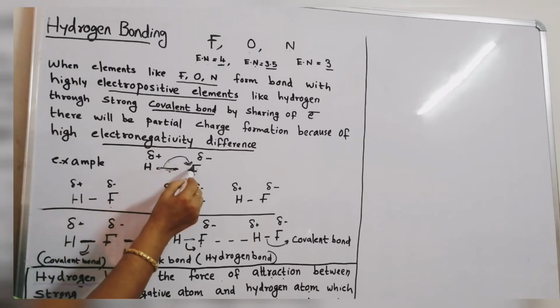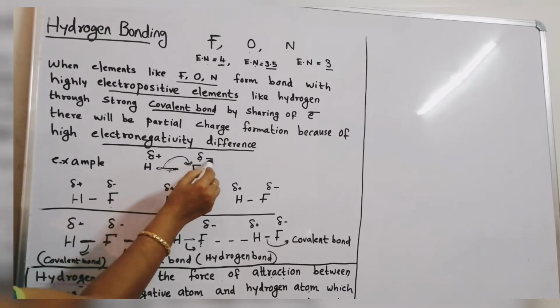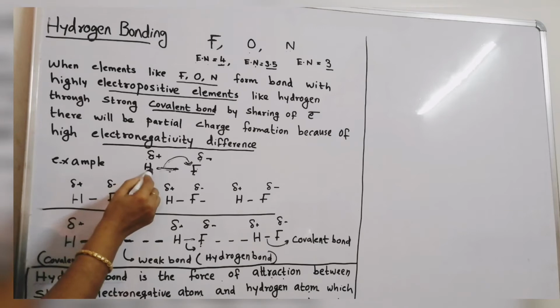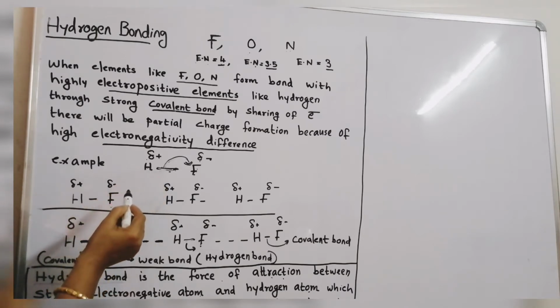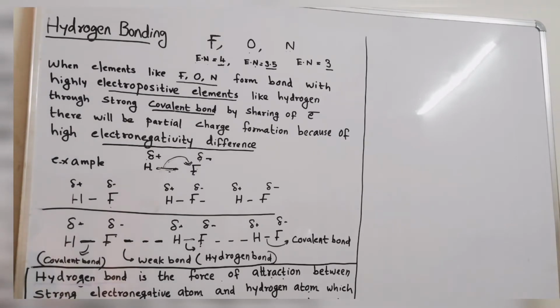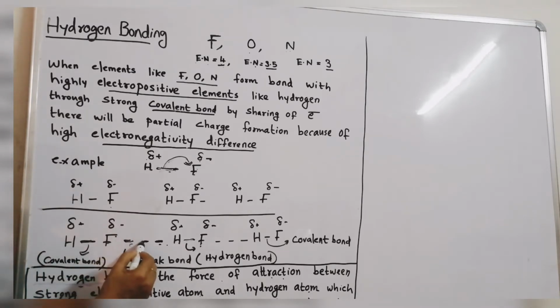As electrons are attracted towards fluorine, fluorine attains a partial negative charge, whereas hydrogen attains a partial positive charge. So there will be a force of attraction and a weak bond is formed in hydrogen fluoride. This weak bond is denoted by a dotted line.